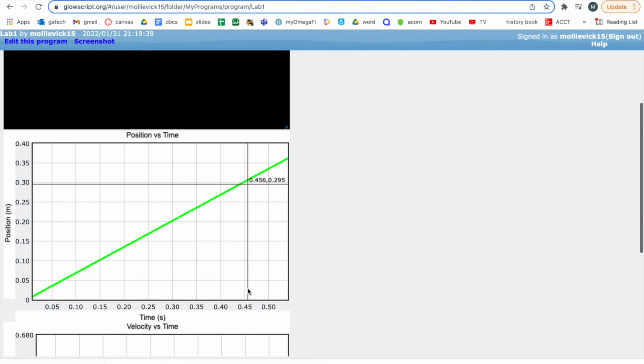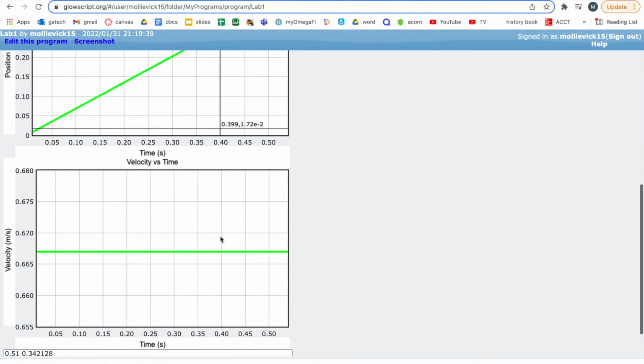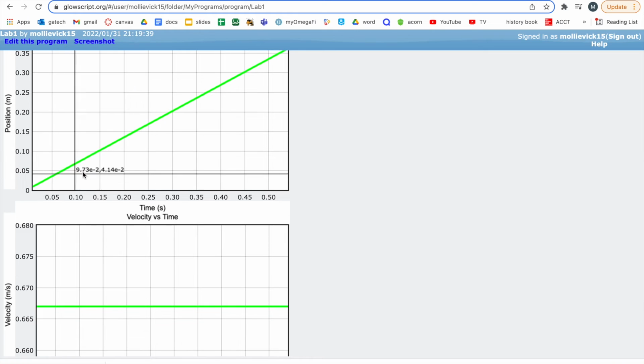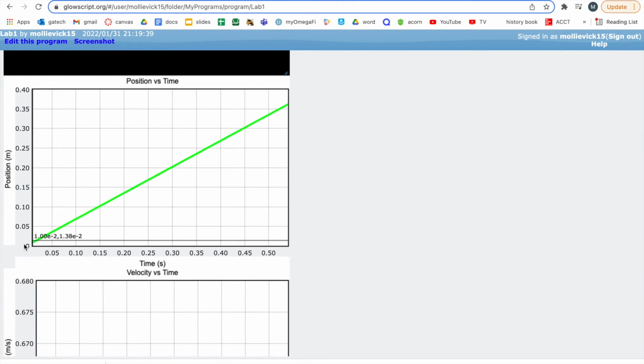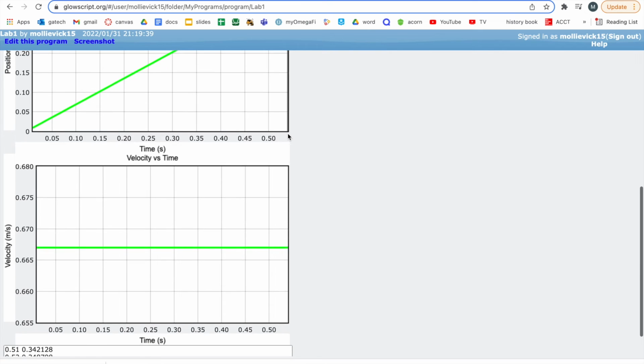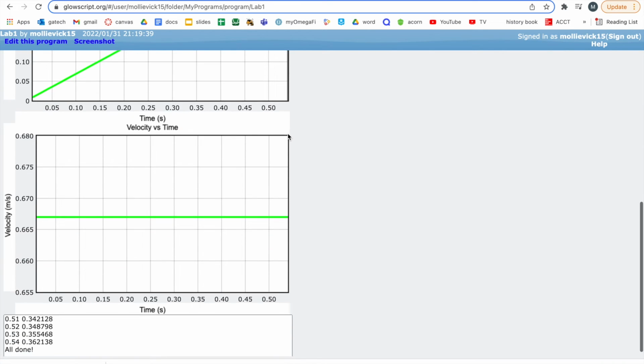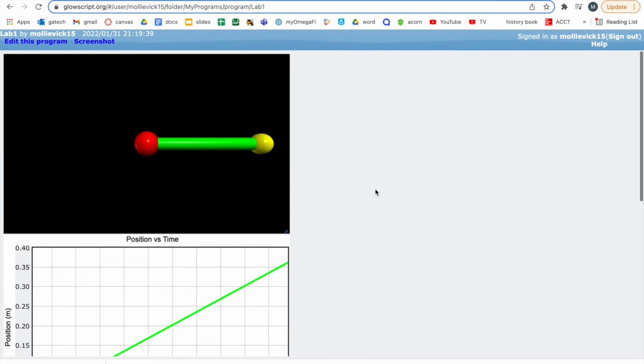When you scroll down and look at position versus time and velocity versus time, you can see that it's linear, and position is going in a positive direction because it is going to the right. The same with velocity, it is linear. This output is what we use next in our spreadsheet for the expected motion.